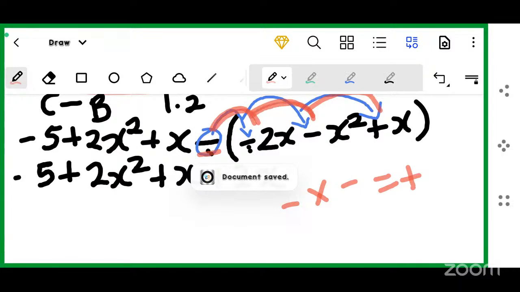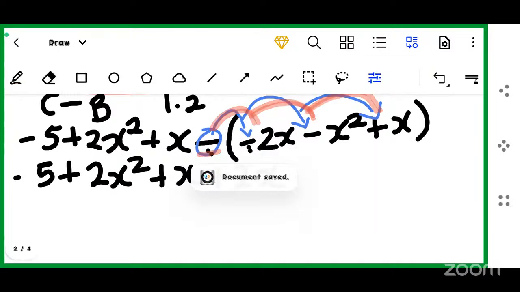Multiplying the negative and the negative x squared gives you positive x squared. Multiplying the negative and the positive gives you negative. Are we okay there? Yes, ma'am. Perfect.